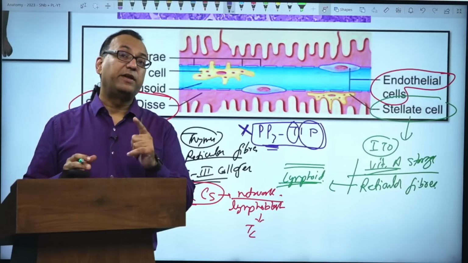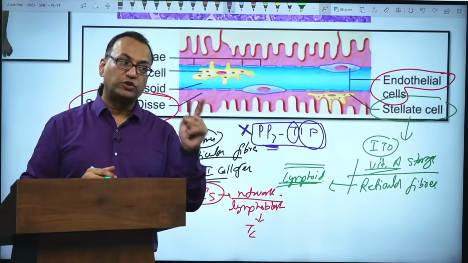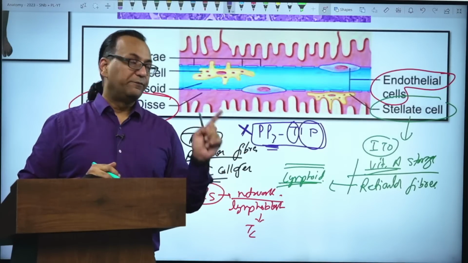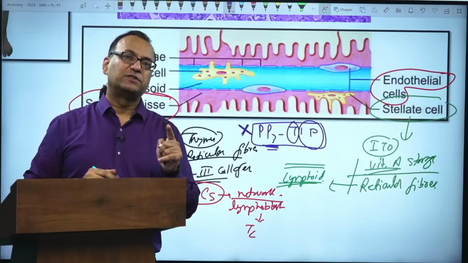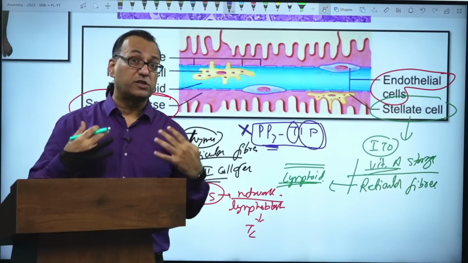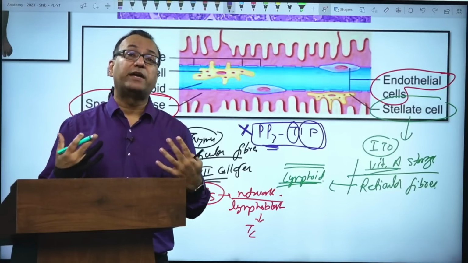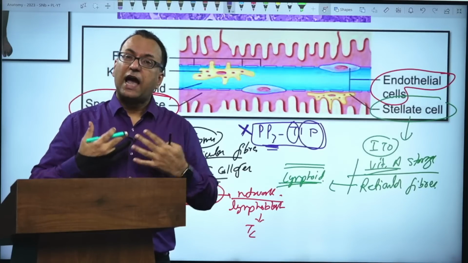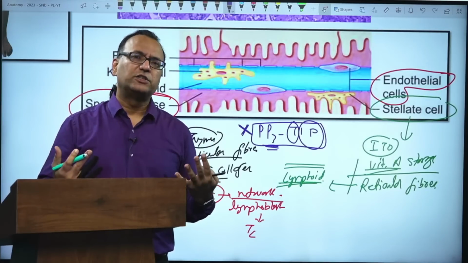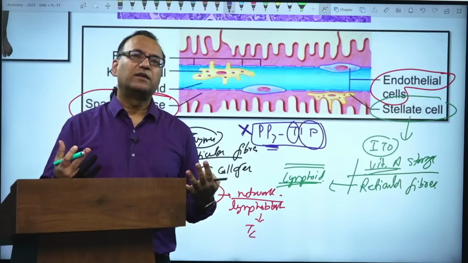But your examiners belong to AIIMS, JIPMER, PGI Chandigarh, NIMHANS. Be careful. My MBBS is from Bangalore Medical College.